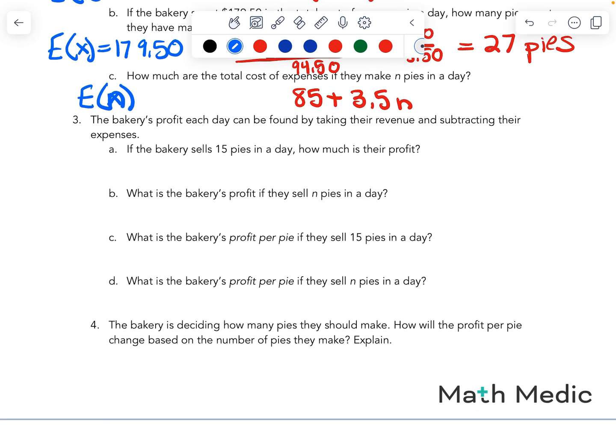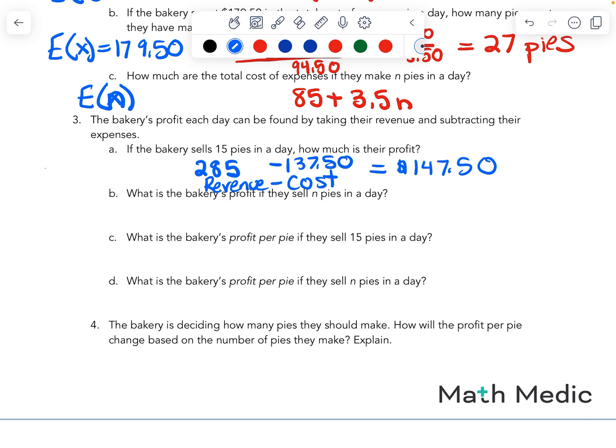So if the bakery sells 15 pies, how much is their profit? Well, we would take that total coming in, that's their revenue, minus the cost. And we said it was $137.50. So total, they're making $147.50.